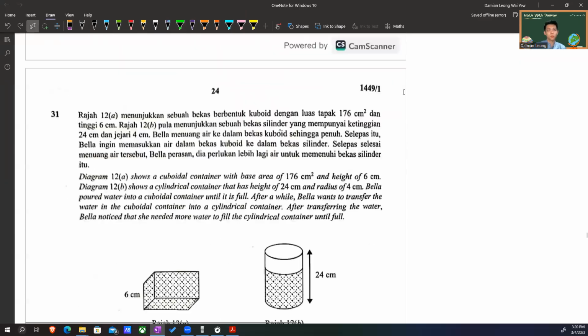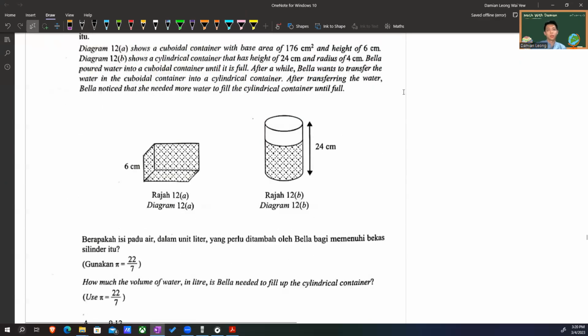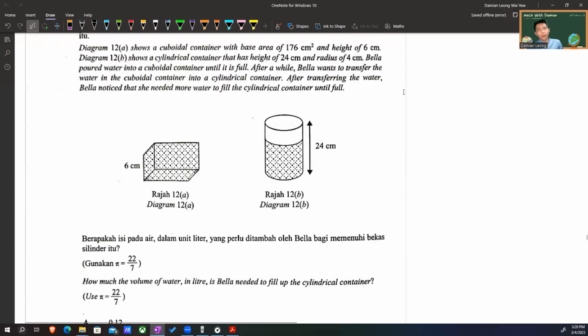Okay. Question 31. I have diagram 12A showing a cuboid container, base area 176 cm square, and height 6 cm. And then 12B shows a cylindrical container, height 24 cm, radius 4 cm.